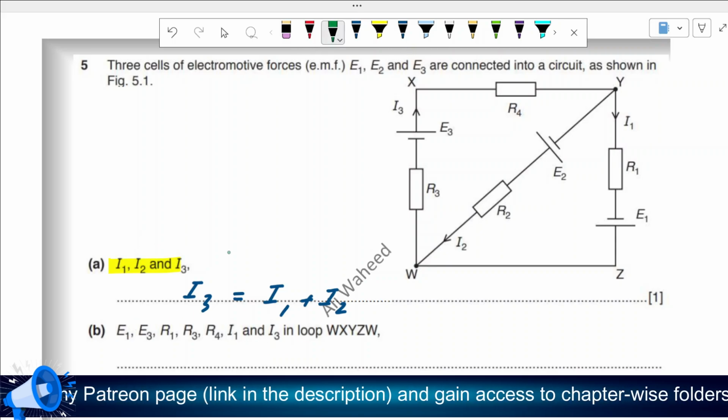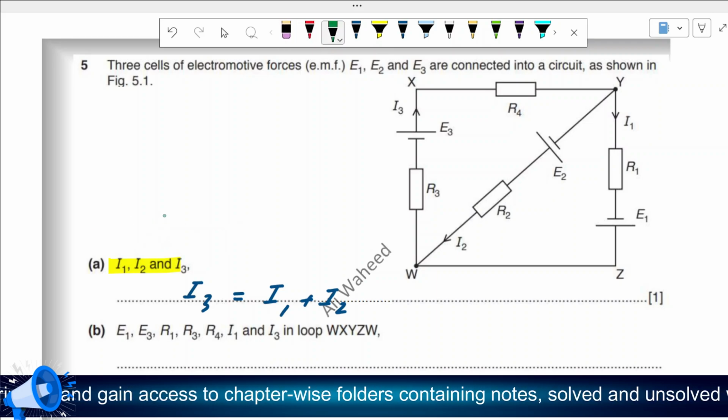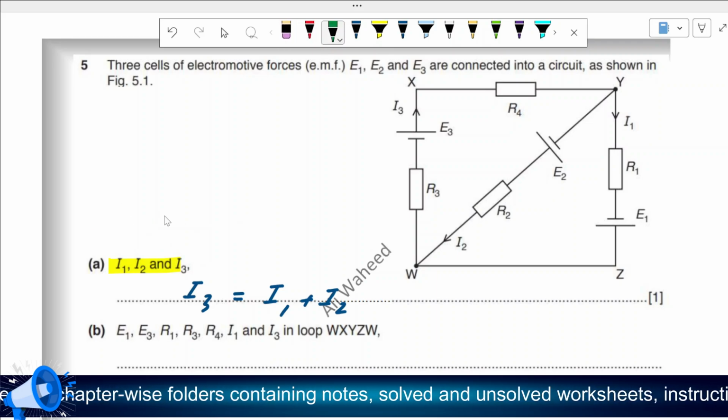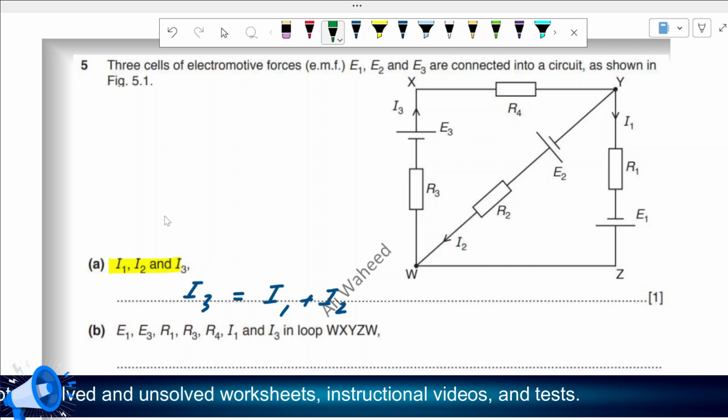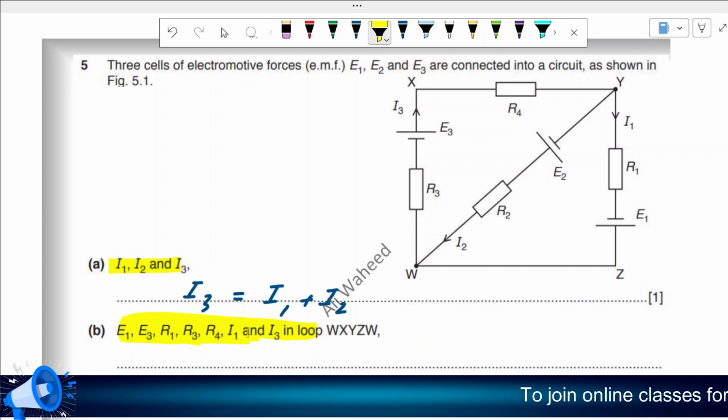Actually, the question was, once again, like I said, I've cropped out some of the details of the question. The question was, use Kirchhoff's law to form the relation between these quantities in part B. In part B, whenever you see the EMFs and the resistances and the currents, then you have to use Kirchhoff's second law.